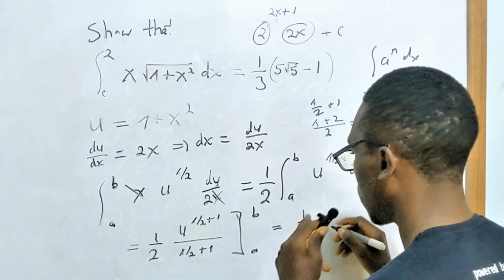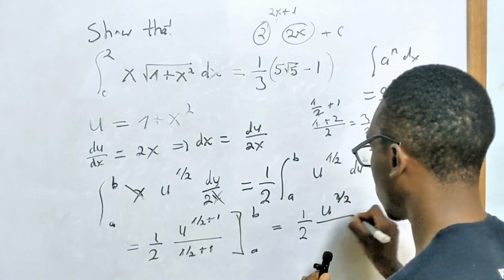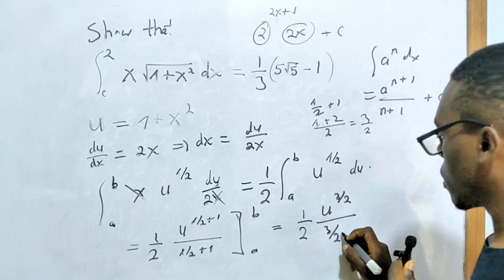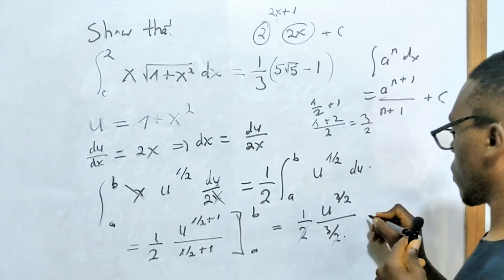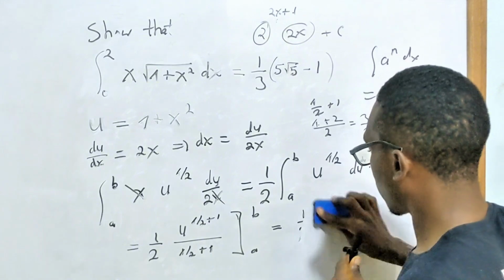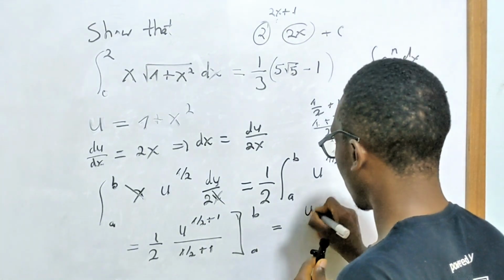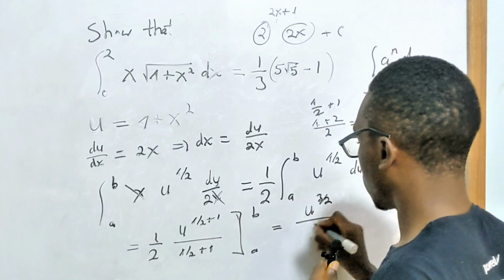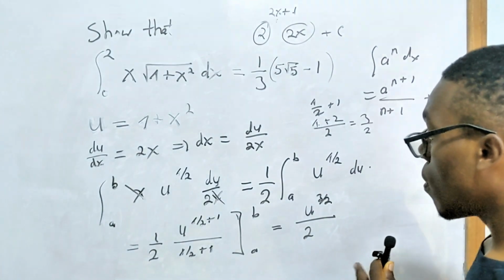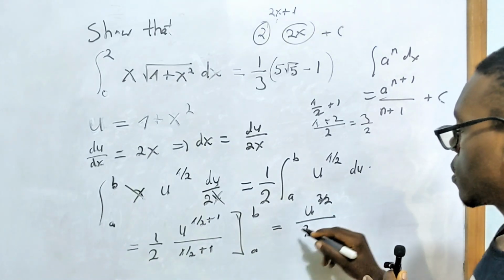That will be u to the power 3 on 2 divided by 3 over 2. The two halves will go, and we are left with u to the power 3 on 2, all that divided by 3.